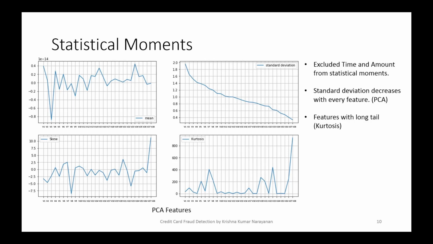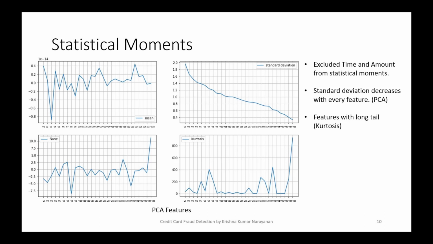This is followed up with the statistical moments of the individual features, and it is quite clearly evident in the plot that the standard deviation reduces through the features. This is understandable because the individual features are PCA components, and the first principal component represents the highest variation in the data set, followed by the next principal component, and so on.